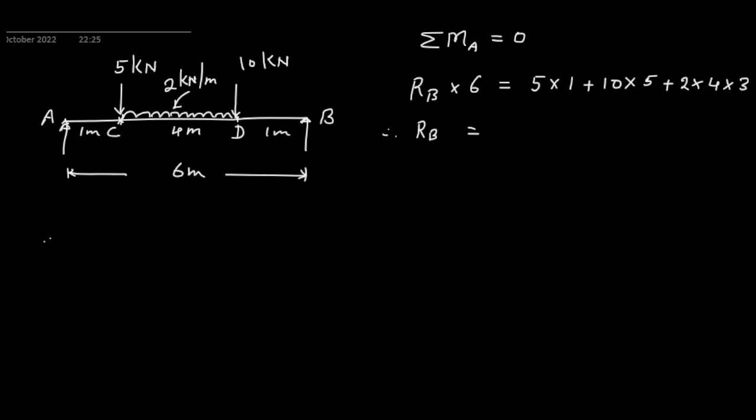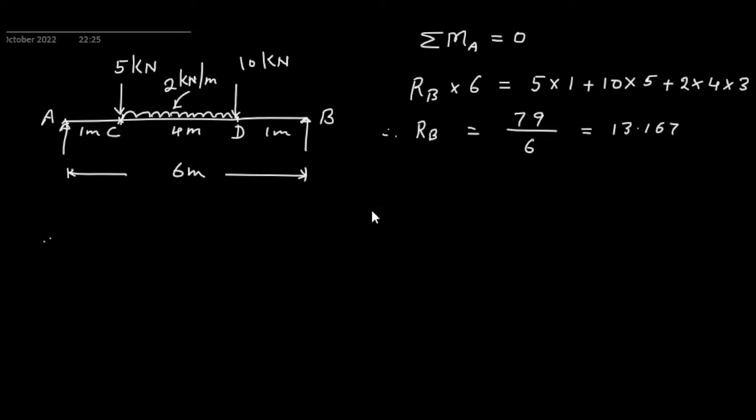So the total will be 79. So 79 divided by 6 will give me 13.166, so I can say 13.167.